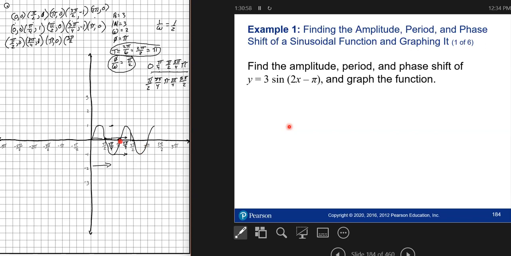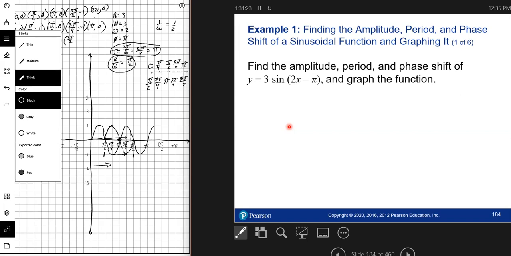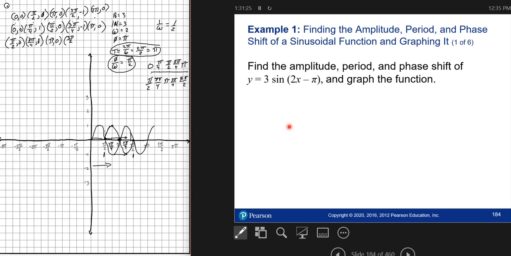Yeah, okay. I was just looking at the first period, that's why I was confusing myself. And so it's going to start here and go up to here, and then come down to here, and then come back up to here. So this is the fundamental period here, so this is the one we're looking at.